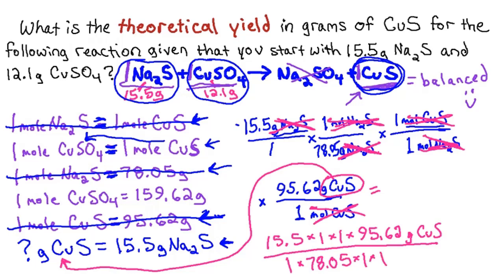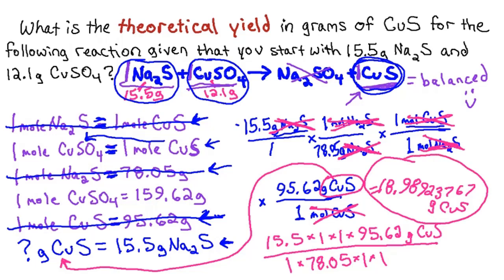So the total from this is going to be 18.98923767 grams of CuS. So now that we've done that, that's how much CuS in grams is yielded from this 15.5 grams of Na2S.